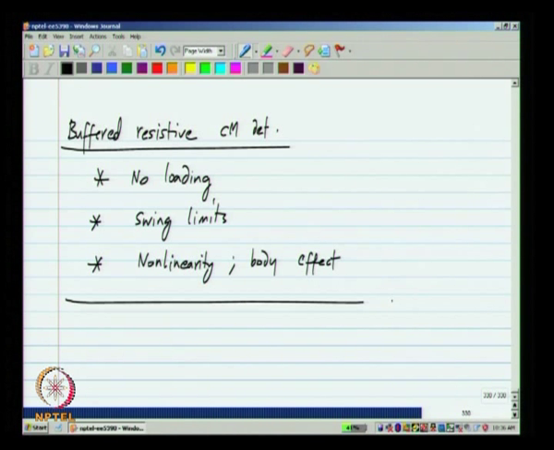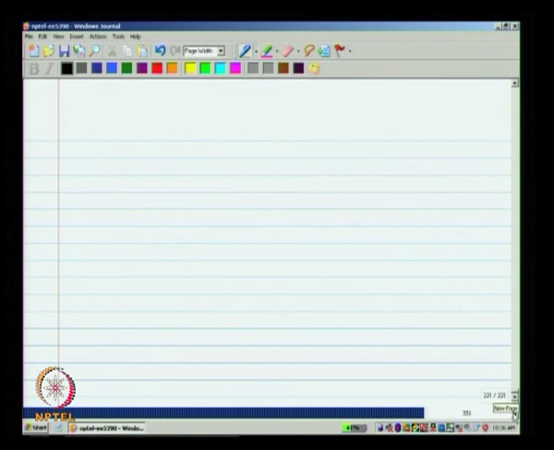This is a summary of the buffered resistive common mode detector. Let me just show you the full circuit of the single stage op amp.